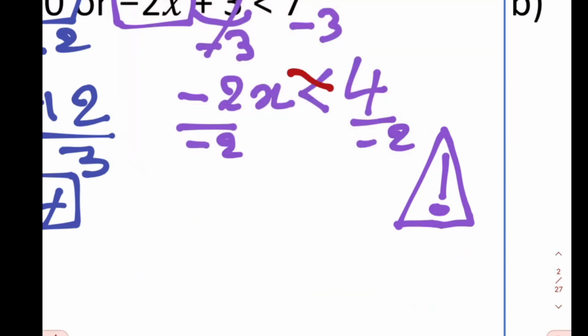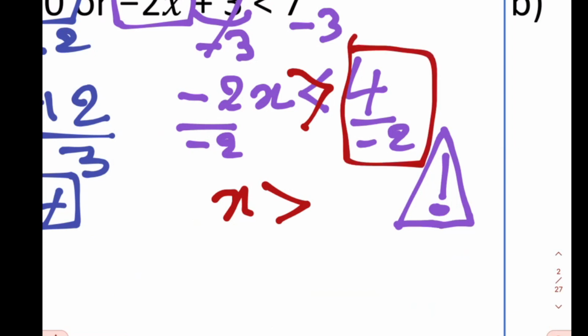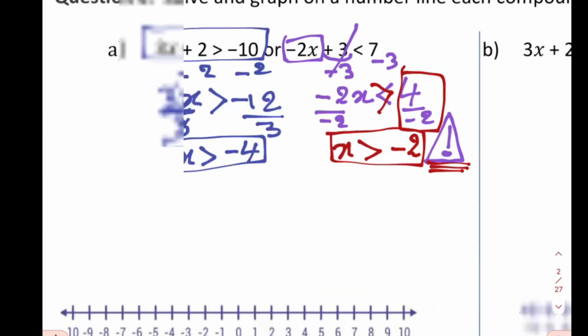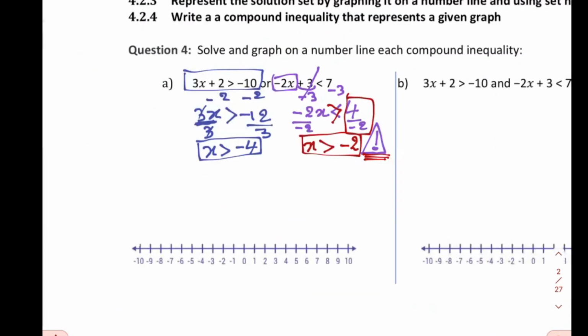This becomes more than. So we get x more than 4 divided by negative 2, which is negative 2. And this is your solution. When you divide by a negative, you change the direction of the inequality.